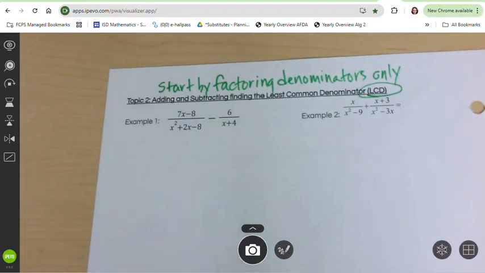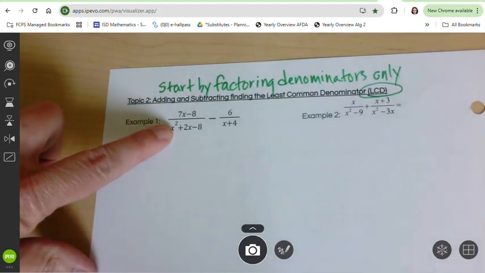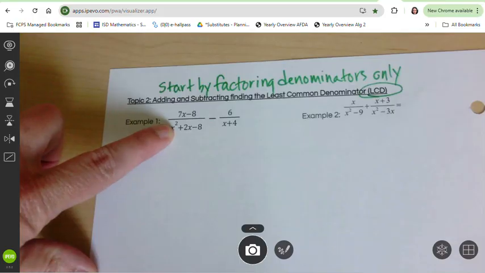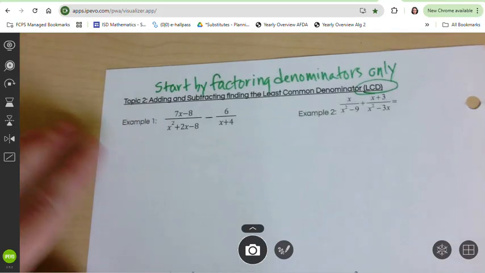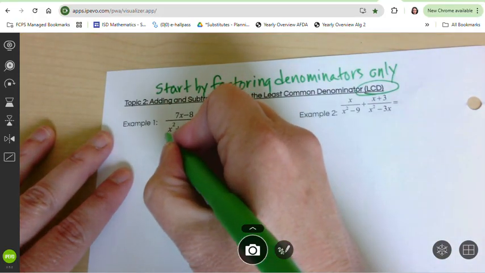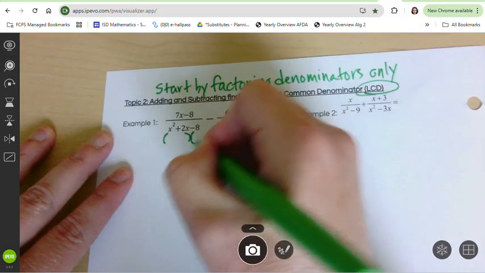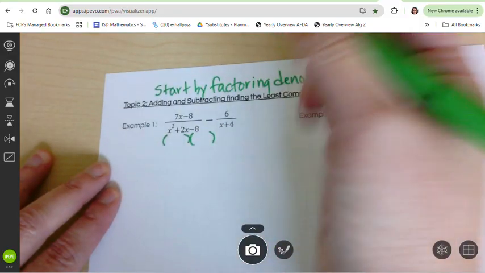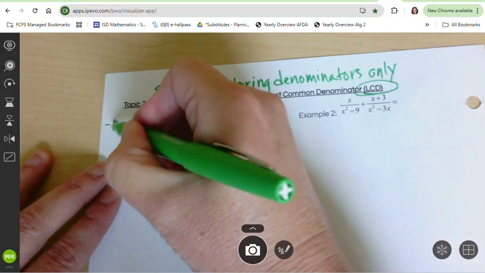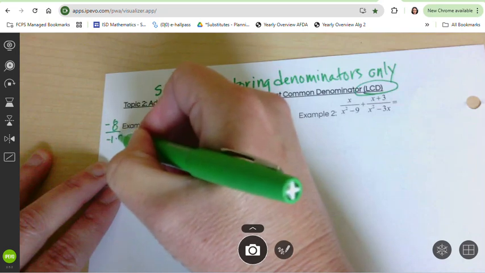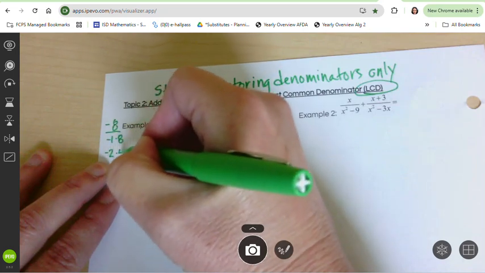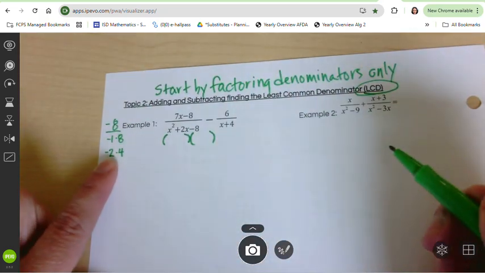Here they are. Start by factoring denominators only. So this one, I need the two numbers that multiply to negative 8 and add to 2. Okay, and there they are.